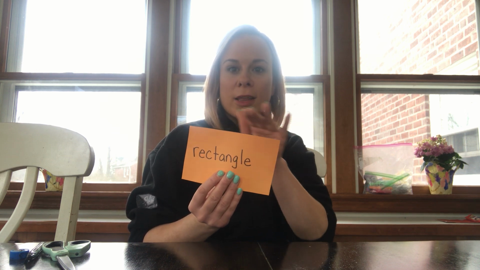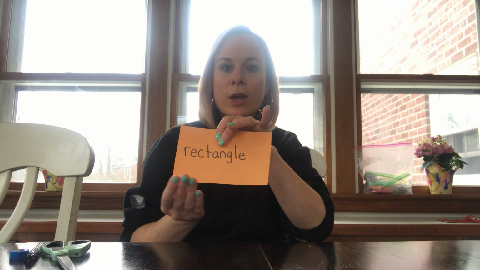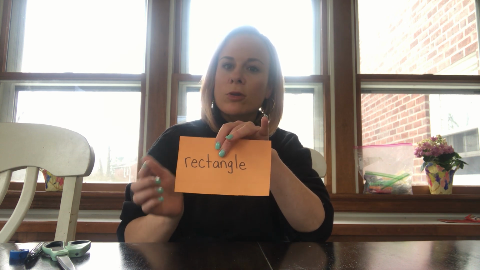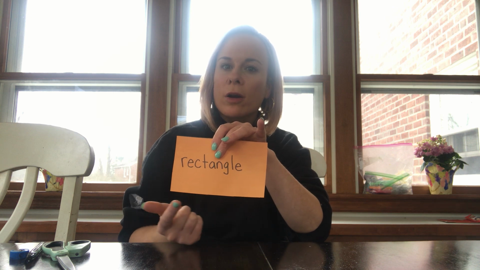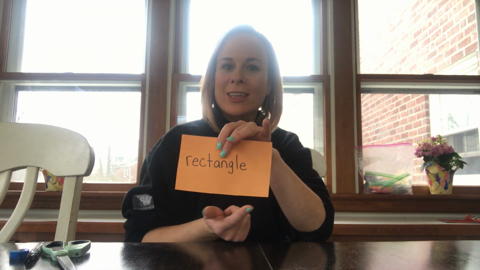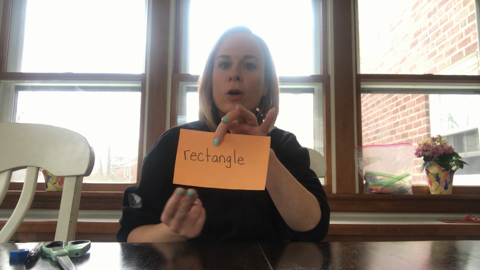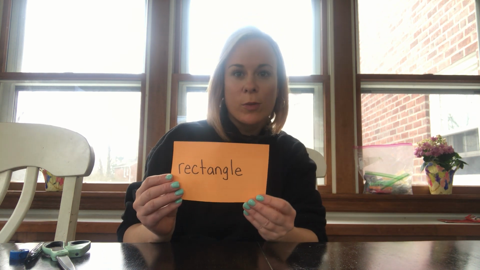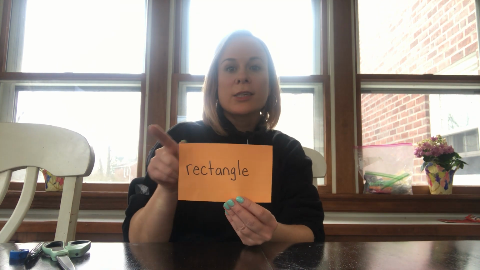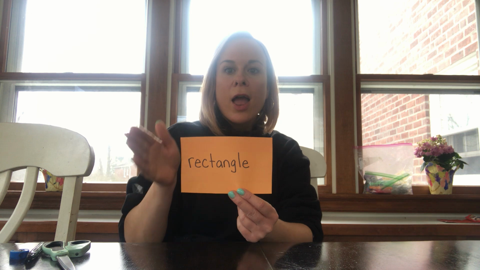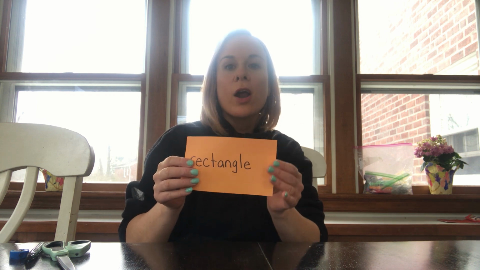You could see that these two are also equal in length, but do they look a little bit shorter than these sides, or a little bit longer? You got it. These sides at the top and bottom are longer. So in a rectangle, boys and girls, we know that it has 4 sides, but 2 of the sides are longer and 2 of the sides are shorter.